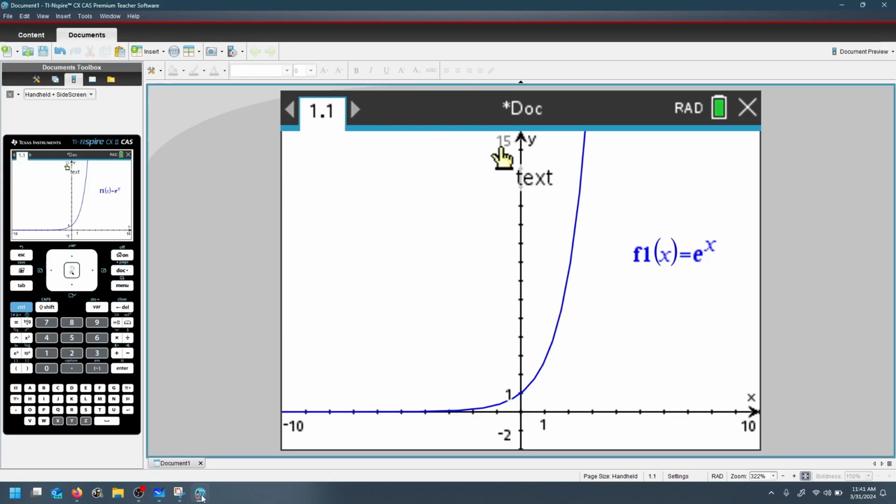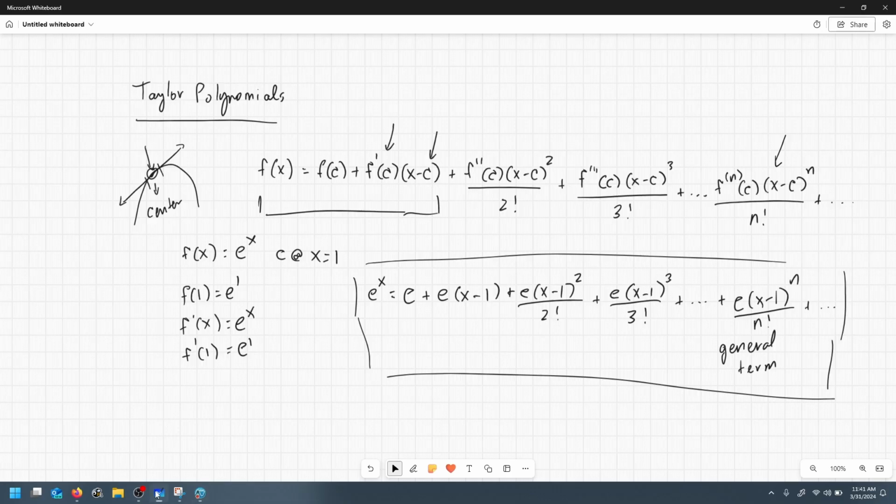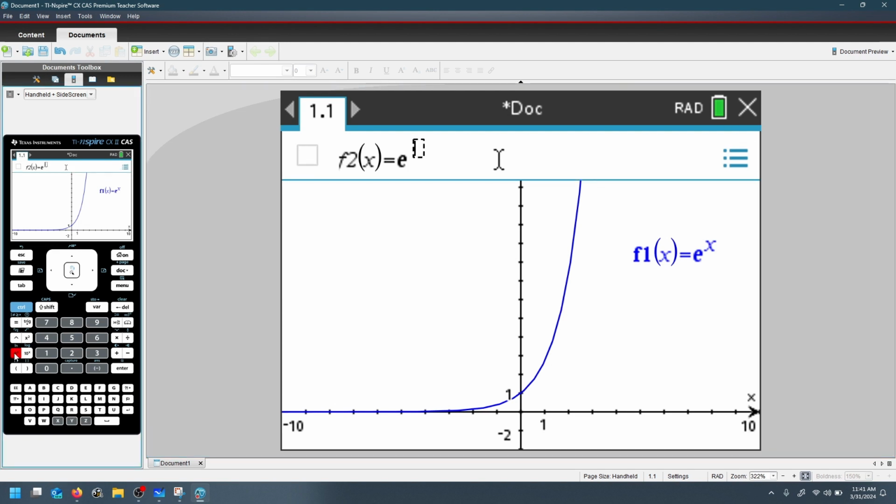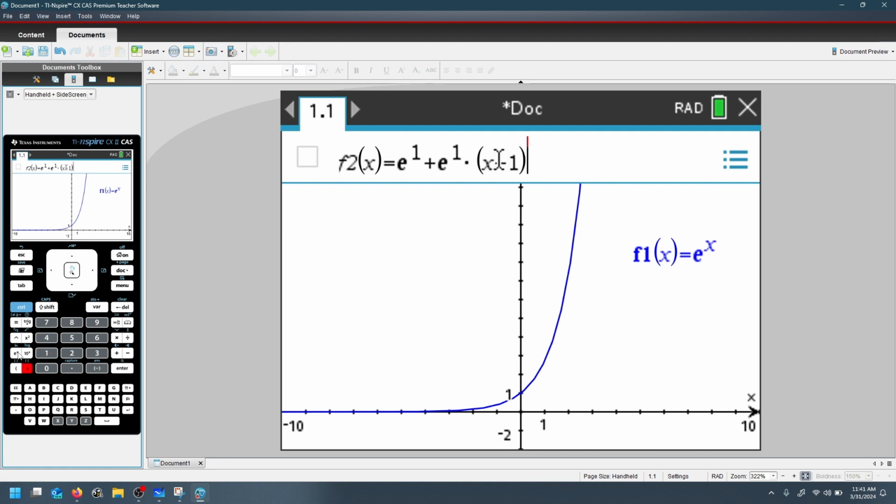So I've got e to the x graphed, and what I'm going to do is graph the Taylor polynomial on top of that. So if you just look at the first two terms, you would have e plus e times x minus 1. So let's graph that really fast. So that's e to the first plus, again, e to the first times x minus 1.